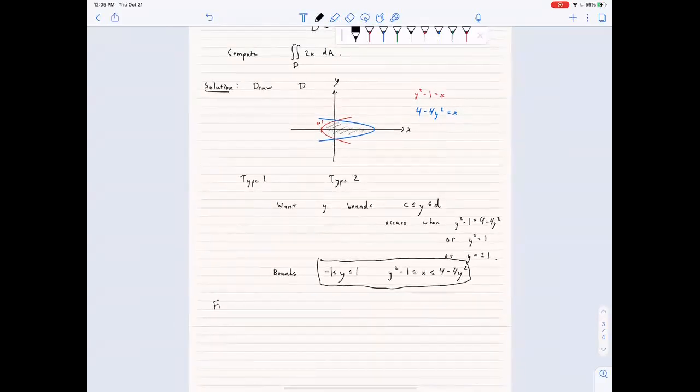Fubini tells us that this double integral over D of 2x dA is equal to an integral from -1 to 1. Here's the integral we're going to perform with respect to x. We're going to go from y squared minus 1 to 4 minus 4y squared of 2x dx dy.